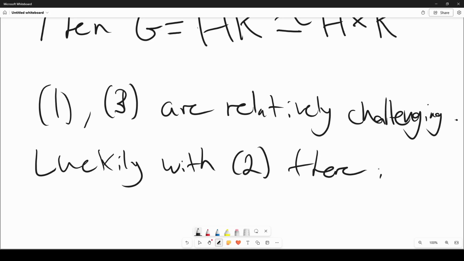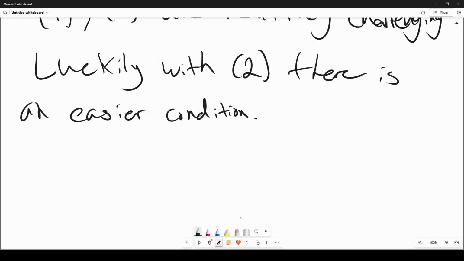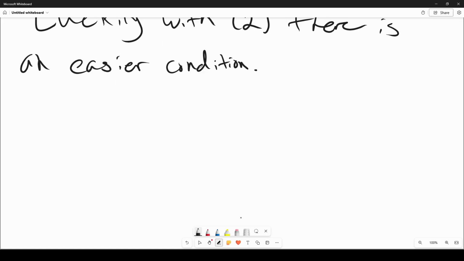There is an easier condition, since in practice it's relatively hard to demonstrate that two subgroups commute and you can write any element in the group uniquely as a product of them. So let's try to demonstrate that. The way we're going to show it is using normal subgroups. We're basically going to assume that H and K are normal in G.